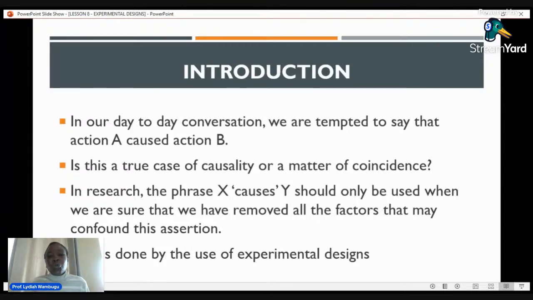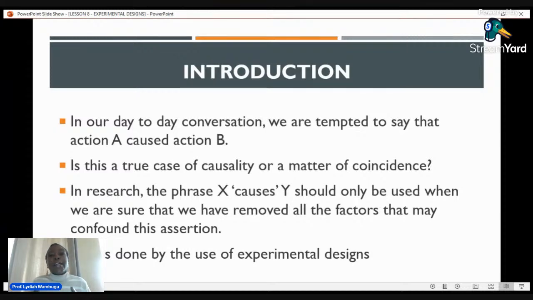But of course, we know, as we said in our last lesson, that the design you choose is determined by the problem of your research. So when you want to talk about causality, X causes Y, we use experimental designs. That is where they come in.